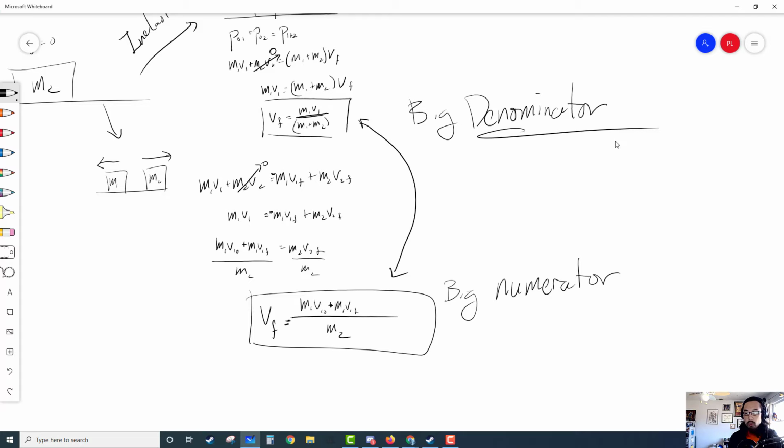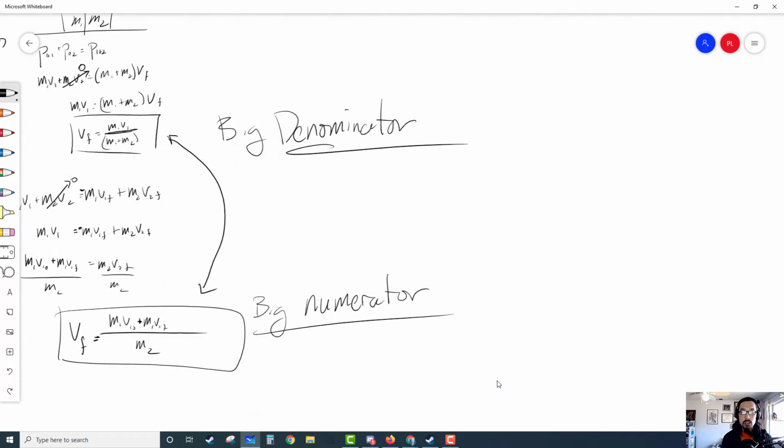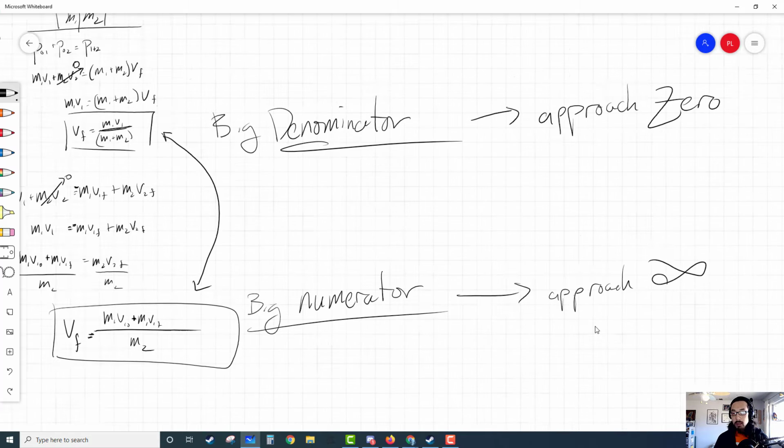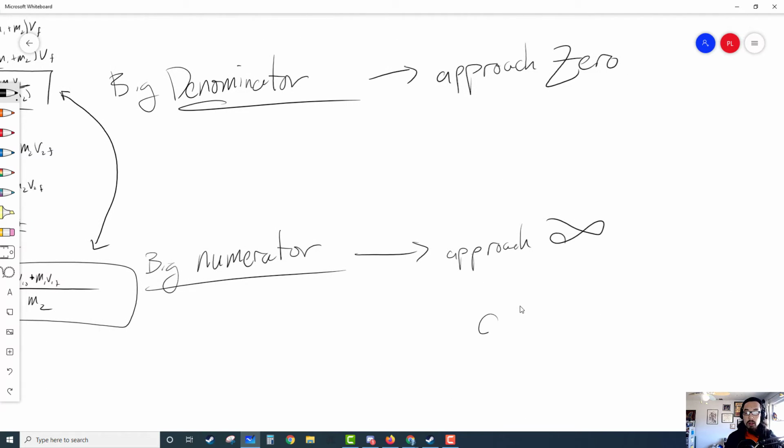Mathematically speaking, if we have a big denominator, we approach 0. If we have a big numerator, we approach infinity. And I do know that infinity is greater than 0.